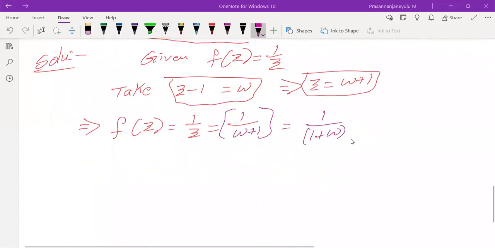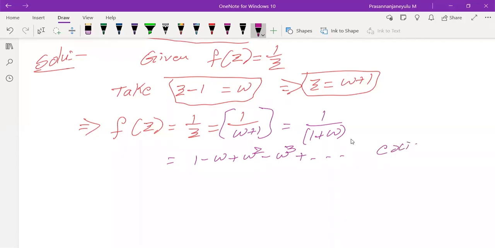So 1 by 1 plus w equals 1 minus w plus w square minus w cube plus and so on, and this expansion exists for modulus of w less than 1.